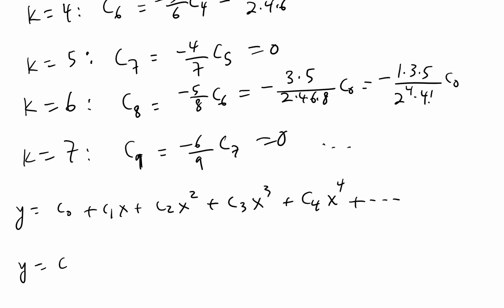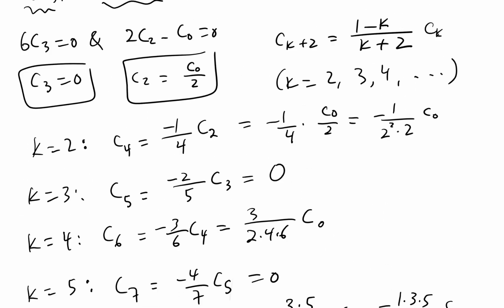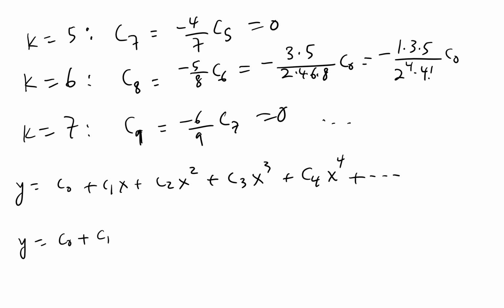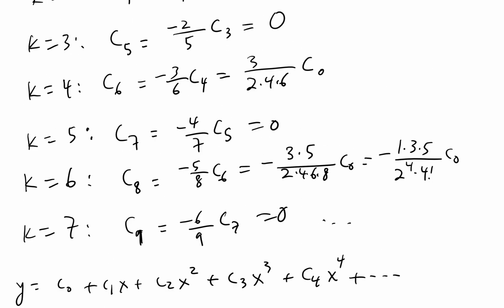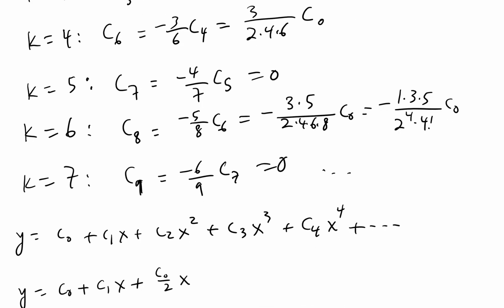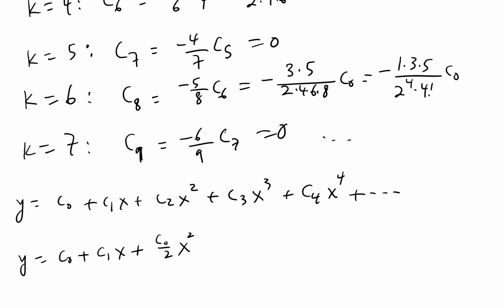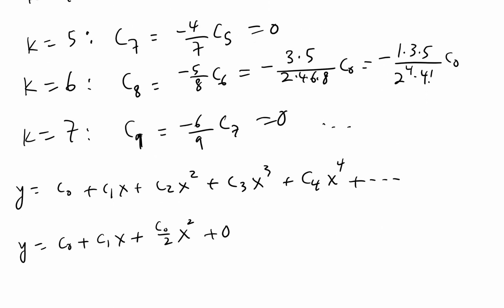Then c0, c1x, c1 was nothing, just arbitrary constant c1. c2 was c0 over 2. c3 was 0. c4 was 1 over 2 squared times 2, c0.